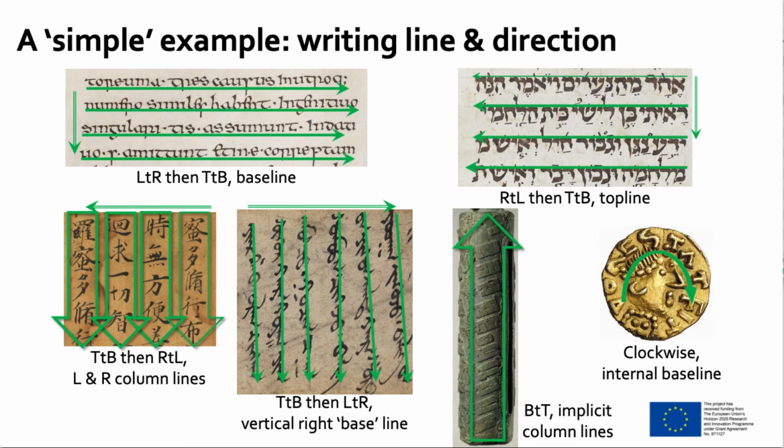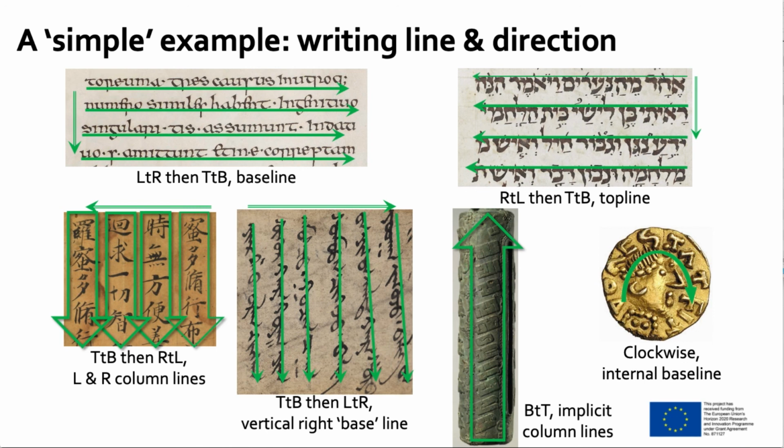But just to show a couple of quick examples of the sorts of things we need to deal with: writing line and direction. As I say, Hebrew you would normally treat, in a sense, from a top line. Chinese is in columns. There isn't really a line. If it's something like Mongolian, then it's vertical, top to bottom, although left to right, not right to left. And in a sense, it does have a line of writing. Sometimes you have bottom to top.